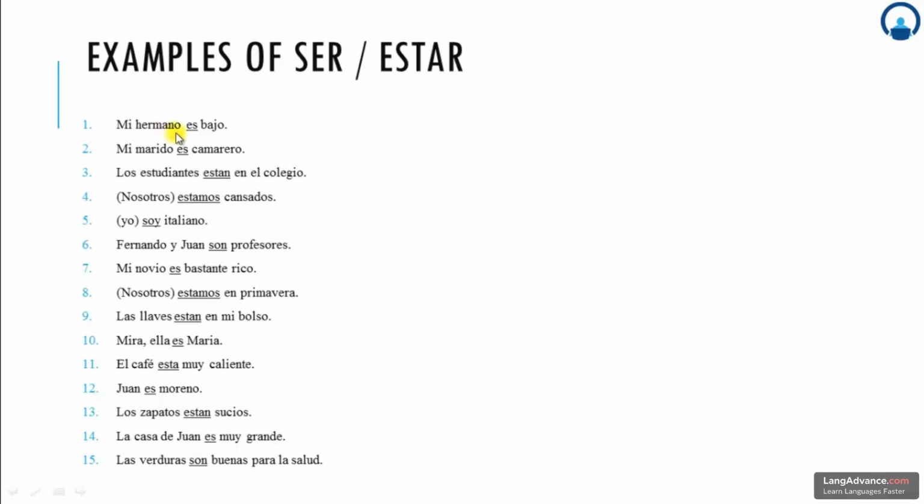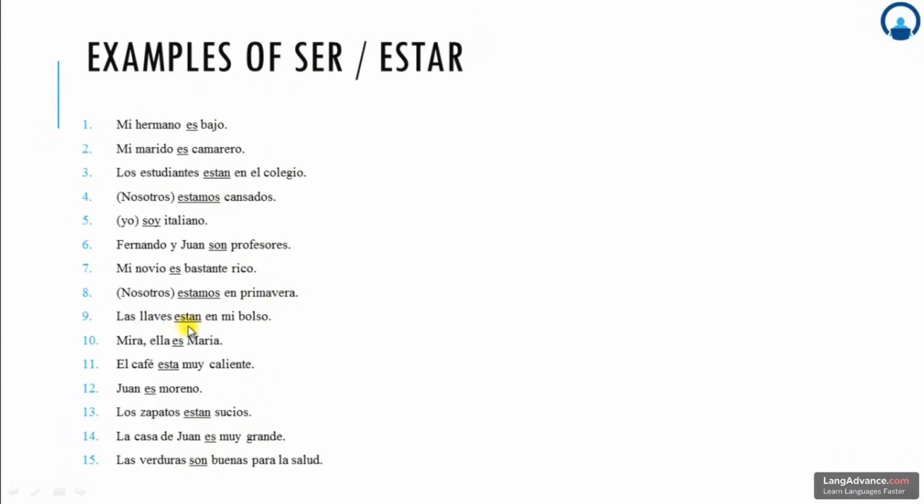Mi hermano es bajo. Mi marido es camarero. Los estudiantes están en el colegio. Nosotros estamos cansados. Yo soy italiano. Fernando y Juan son profesores. Mi novio es bastante rico. Nosotros estamos en primavera.